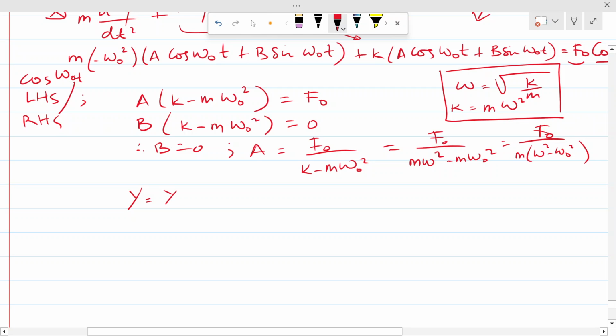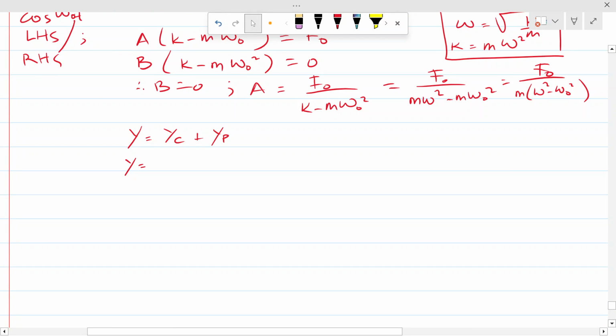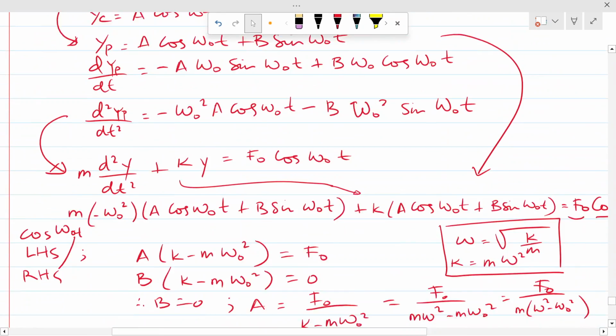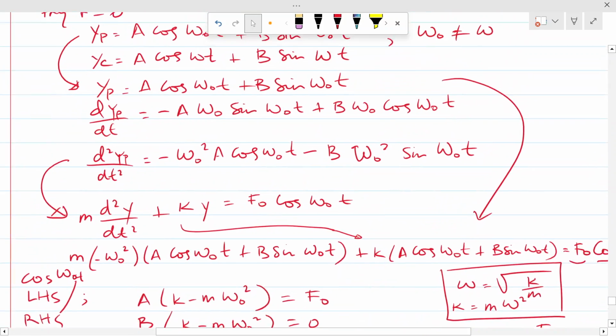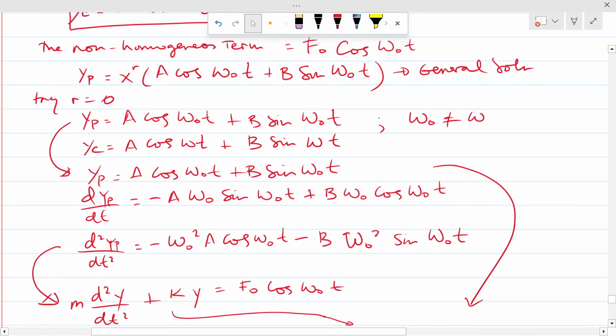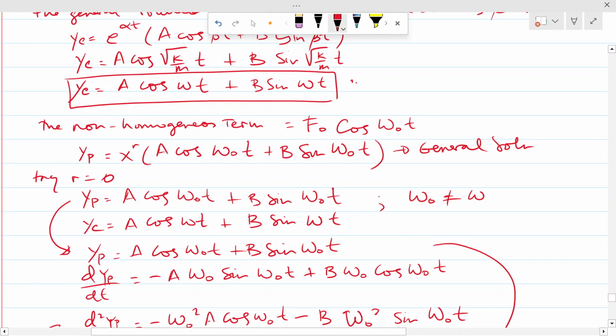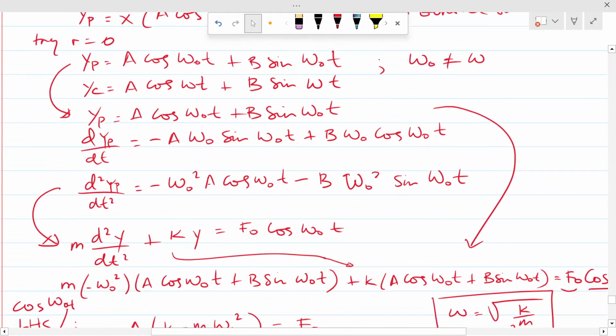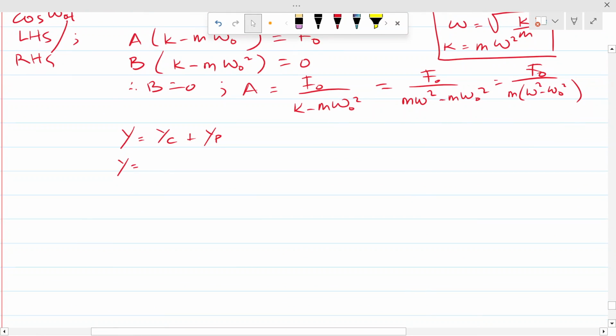The general solution equals yc plus yp. Yc is, if you remember, we are using a cos wt plus b sin wt, this is our yc. Actually we can replace the constant a with constant c1, it's the same thing, you can use any constant, just following the equation.